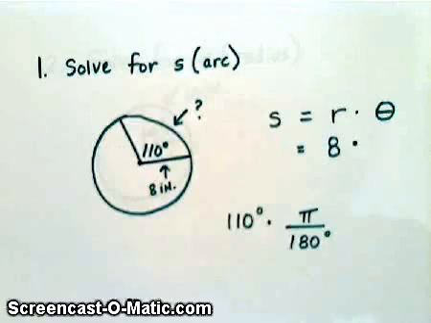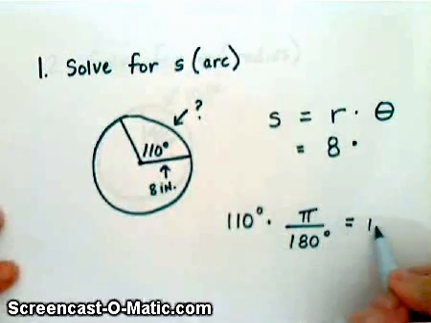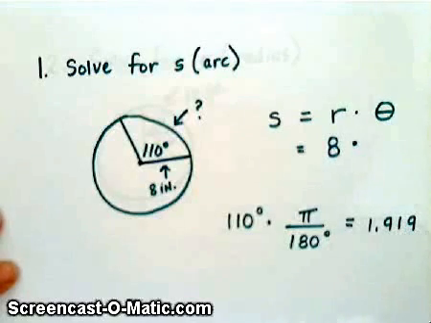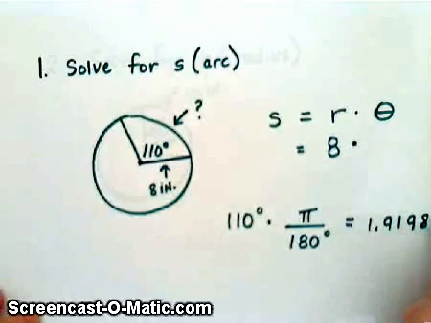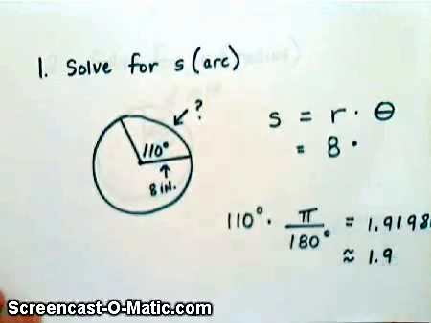And we're going to change that to a radian measure, and it is going to be approximately 1.919. And you can take that as far as you want. It's actually 1.91986... So I'm going to say that's approximately 1.9 radians.